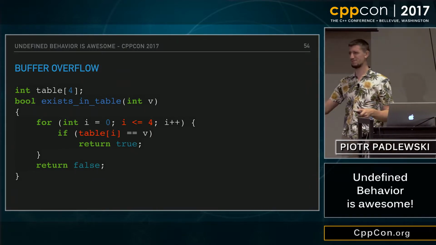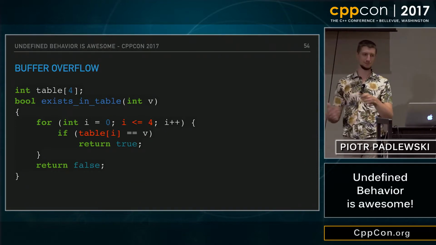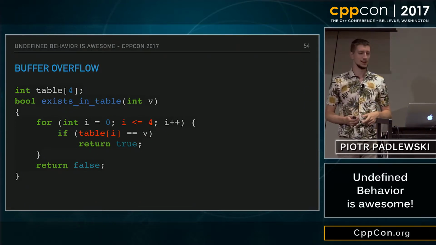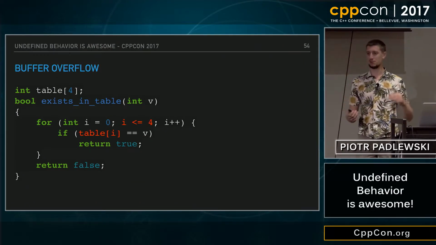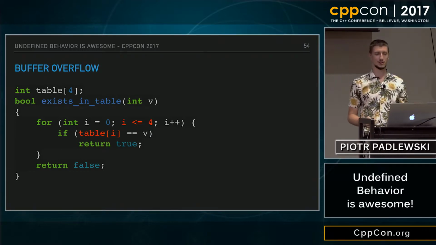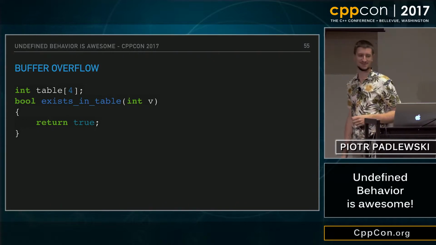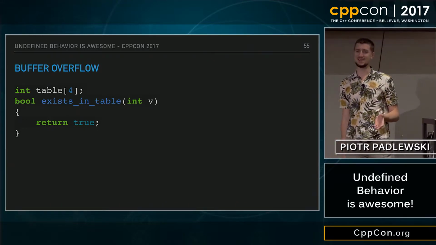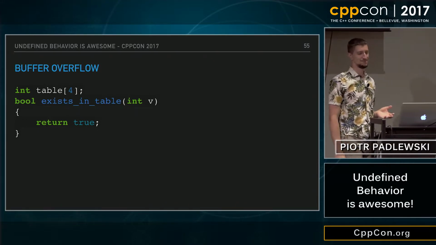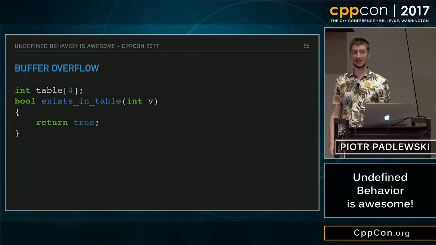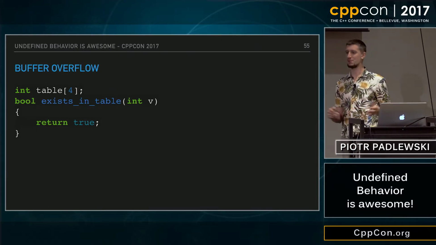I probably finished my work before it, right? The only way you could finish the work before it is by finding the element, so we will just return true. So now we have a function that, if we call it with any integer, pretty much our table consists of every integer we can think of.